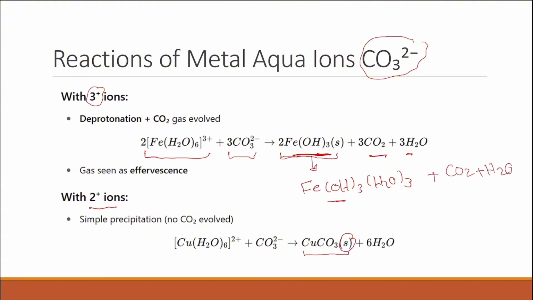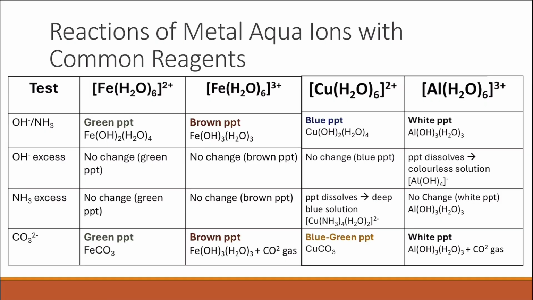In case of iron 2 plus, it will give you the iron carbonate, so both of these will be colored precipitates. So let's see a summary of all of these reactions and tests and what the expected products or observations are.